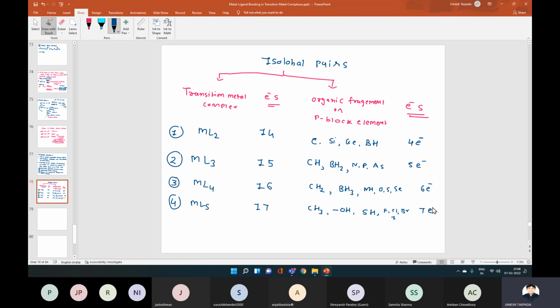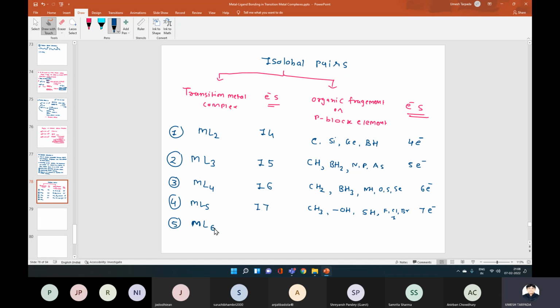So they give 7 electrons. Sir, NH2 will also be there? Yes, NH2, simple neutral NH2, not charged. We don't write the charge, so simply NH2.